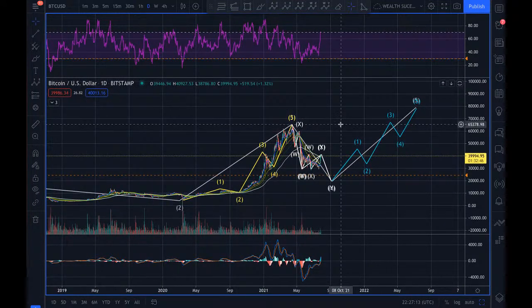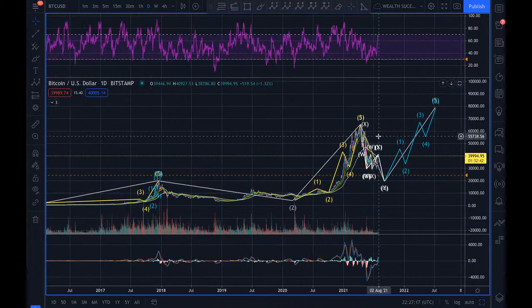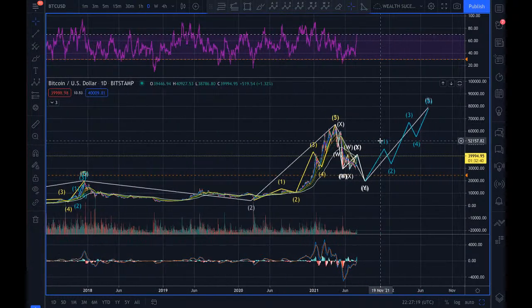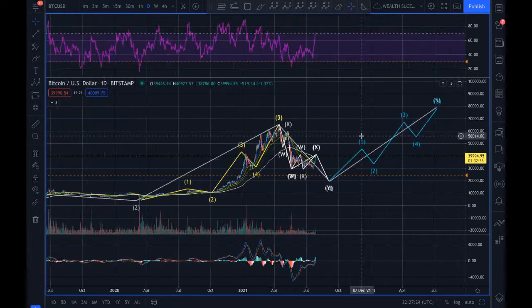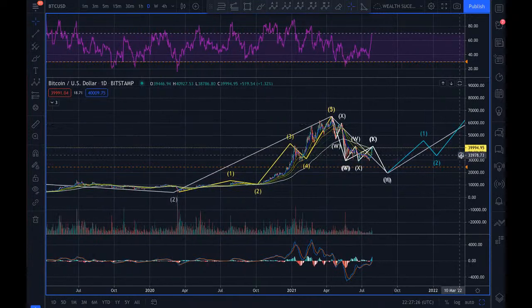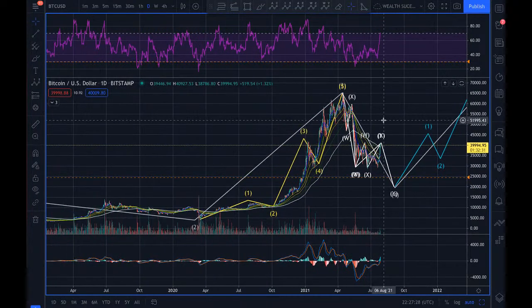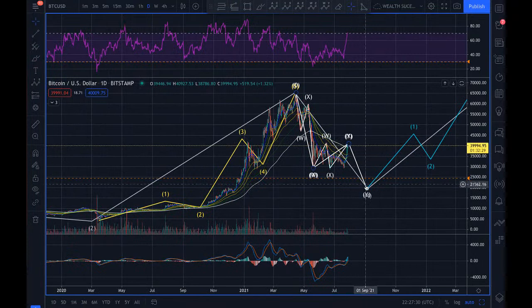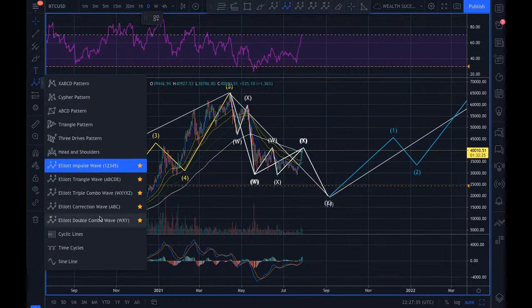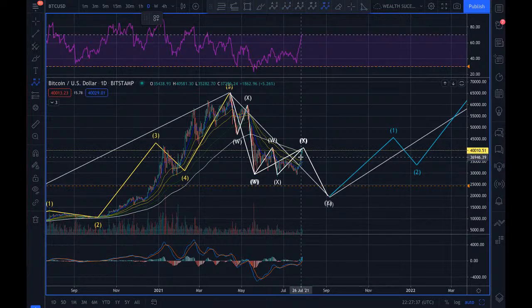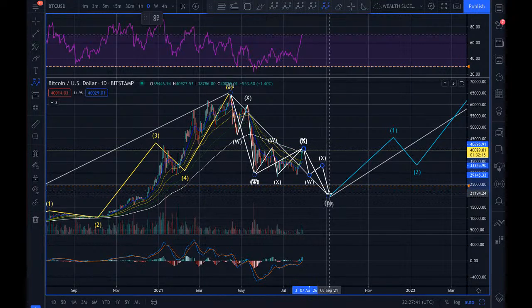It could truncate though and not make a new high, but that's not often, but it can happen. All right, so I'm expecting another wave down, and I think that wave down would have 3 subwaves, but it could potentially have 5 subwaves down right here.